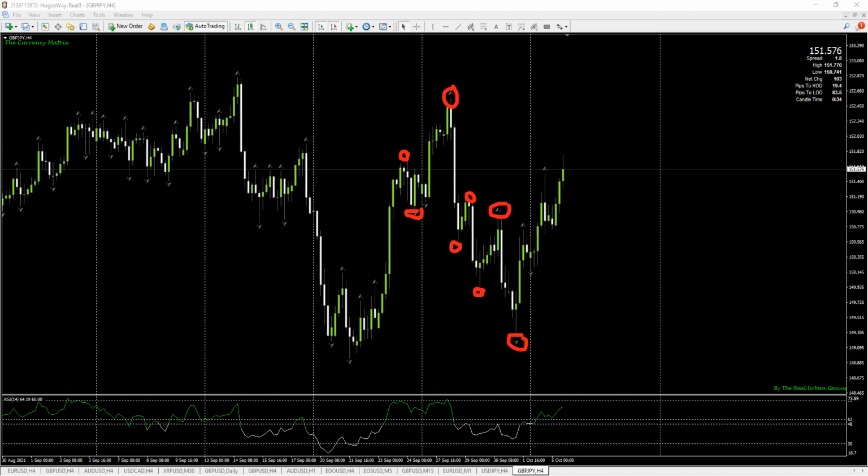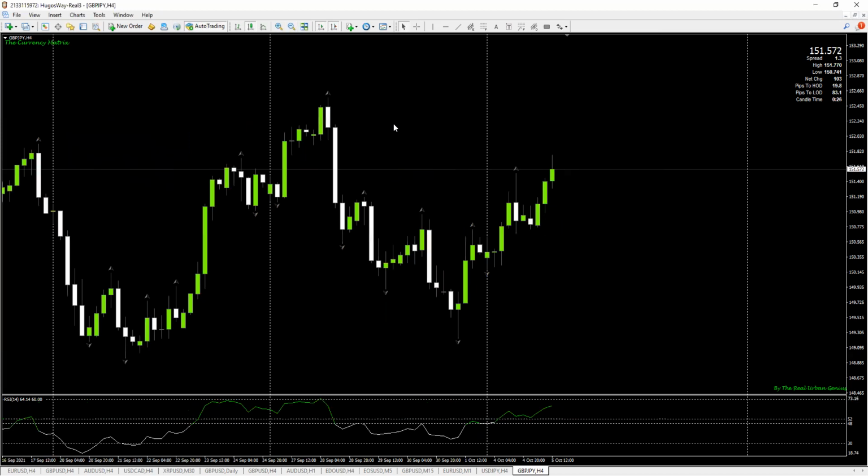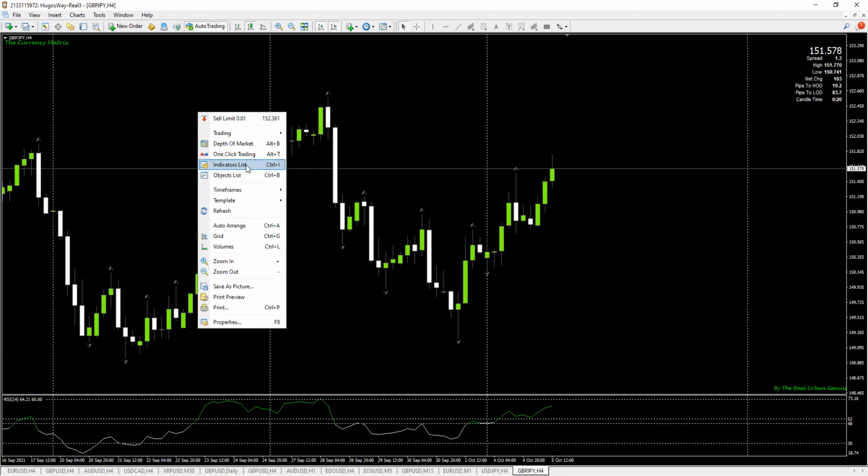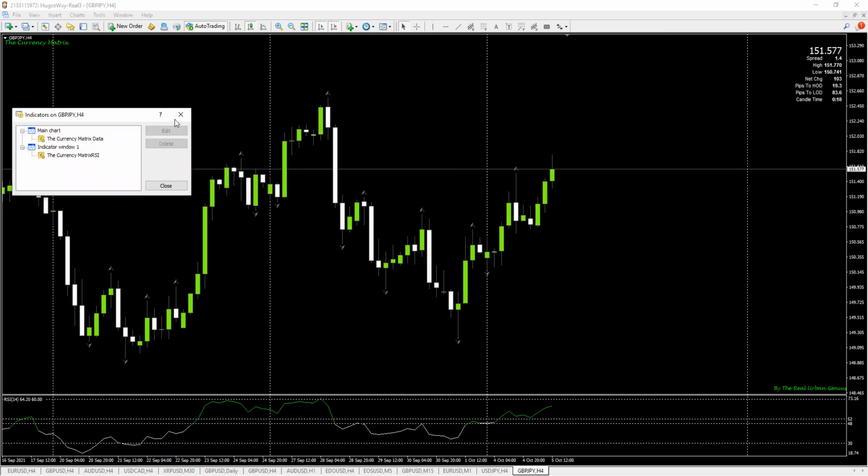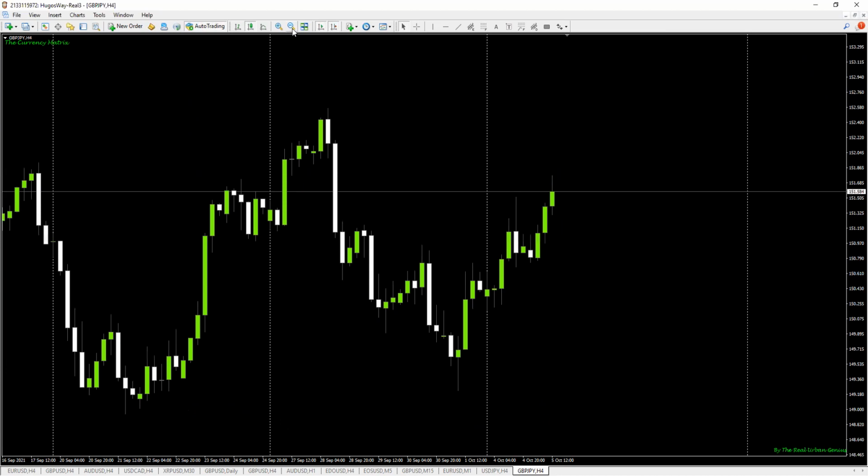So let's go ahead and now start to dissect this GJ. Looking here at GJ, I'm gonna take these fractals off, and I'll go ahead and take the RSI out. So we're on a completely naked chart.